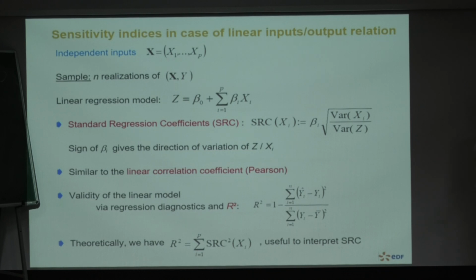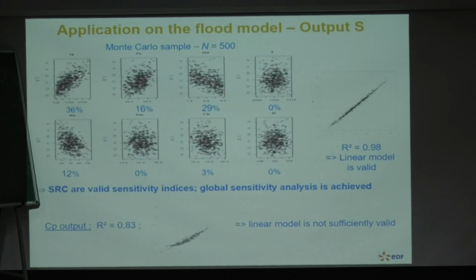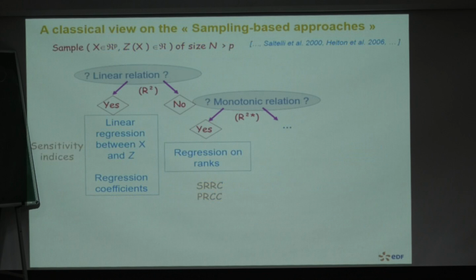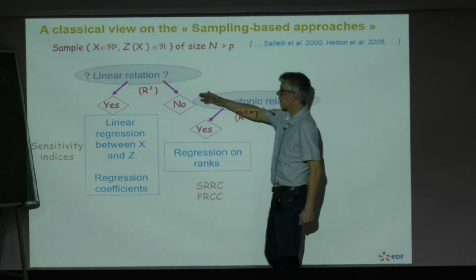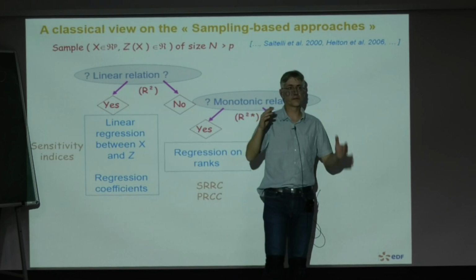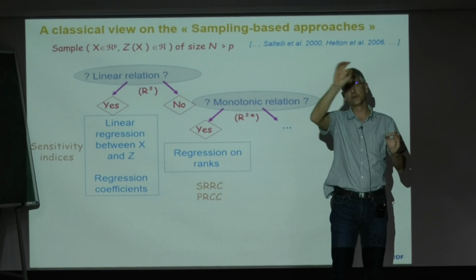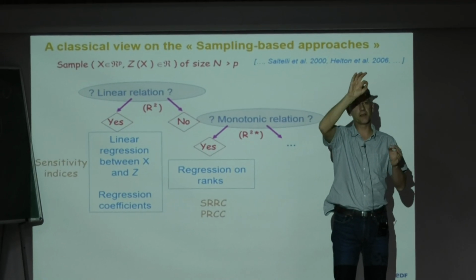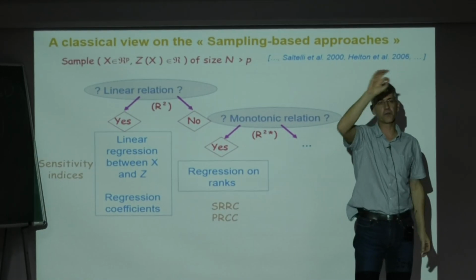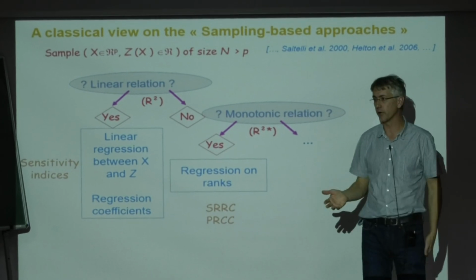You remember? I don't have slide on rank transformation, but what can I say is that if you made these rank transformations, do you remember what is these transformations? You take the vector of your values and you put the rank, you replace it by a new vector with the rank of each values inside this sample.